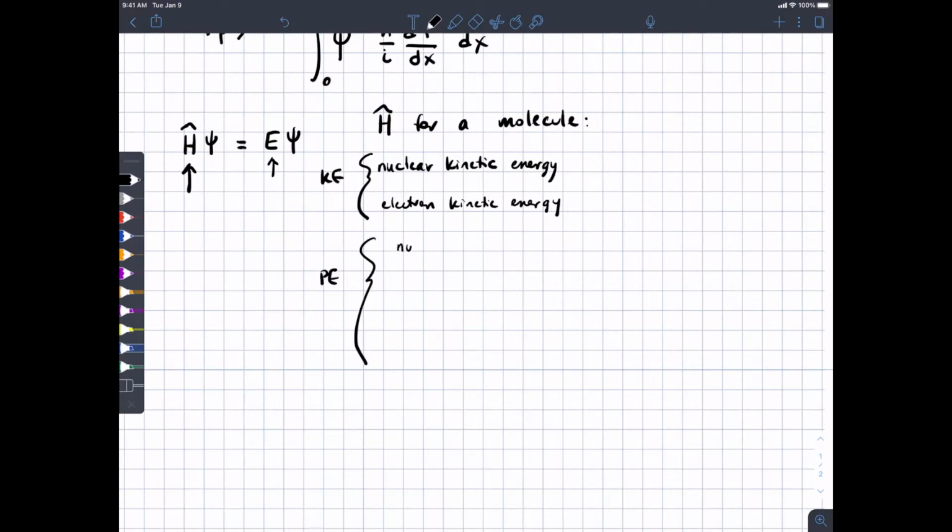Here you've got first nuclear repulsion. That's just Coulomb's law, like charges repel each other. Then you've got to deal with nuclear electron attraction.